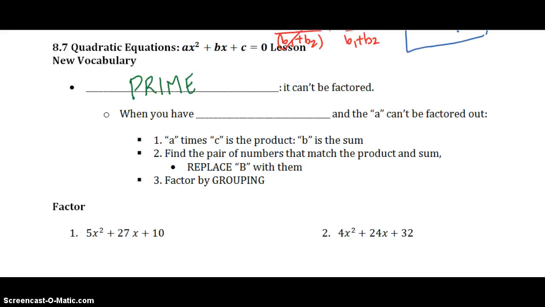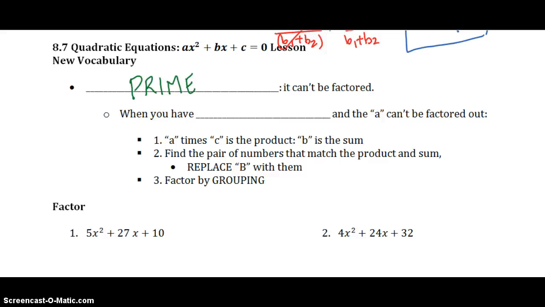Now we're ready for the new material of 8.7. If a polynomial is prime, we say prime when it cannot be factored. So when we have a polynomial that cannot be factored, we call it prime.